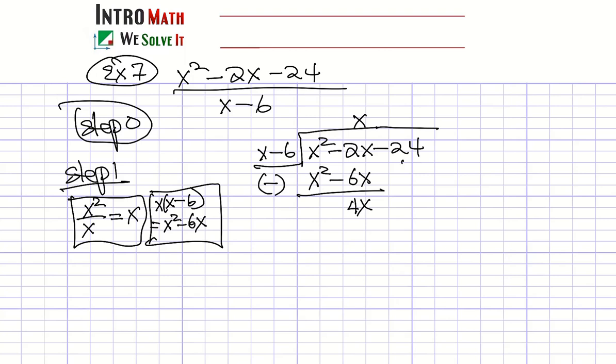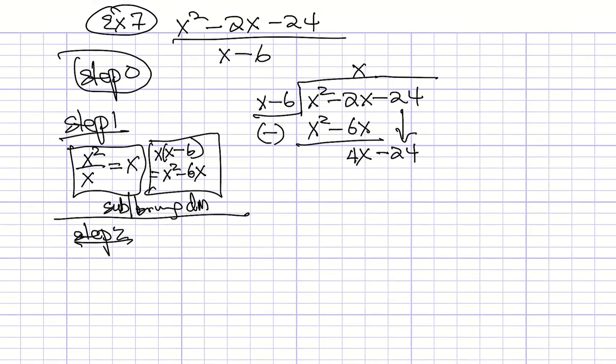And then you bring this down, negative 24. Once you bring that down, you're done with the first step. You subtract something, you bring something down, okay? And then you're done. You move on to the next step, step 2. Okay, what is step 2? We repeat the process again.